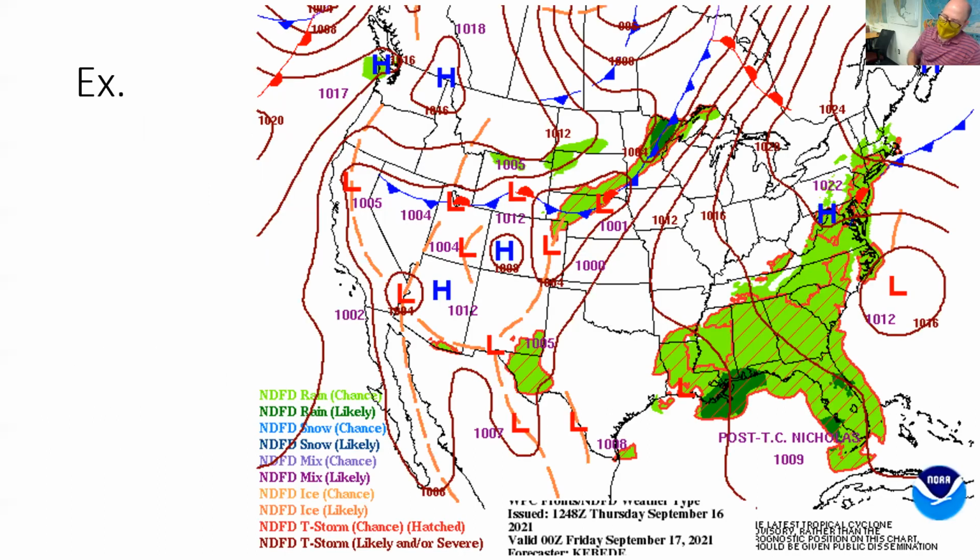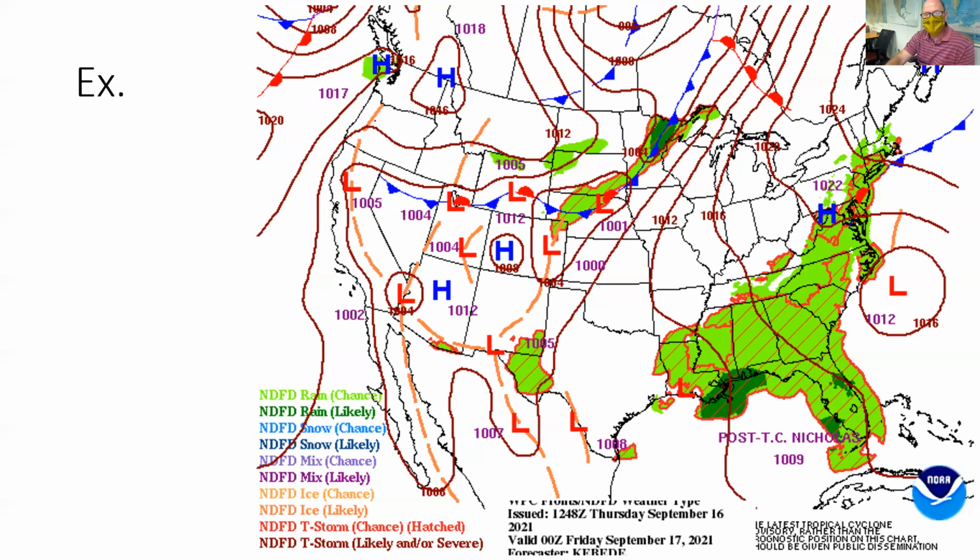The NOAA also has maps of fronts, and fronts are usually denoted by ISO lines of the leading edge of the air mass. You can see a front.